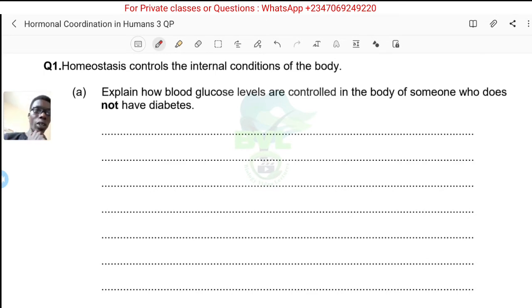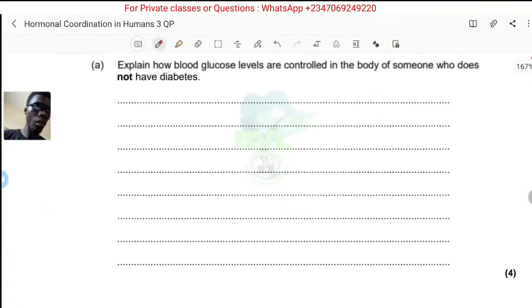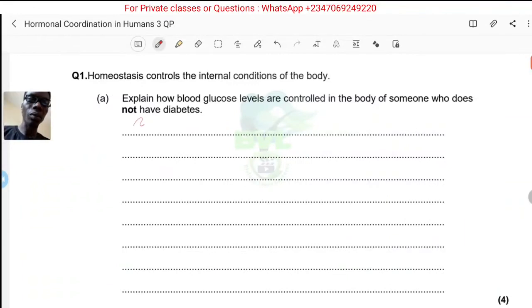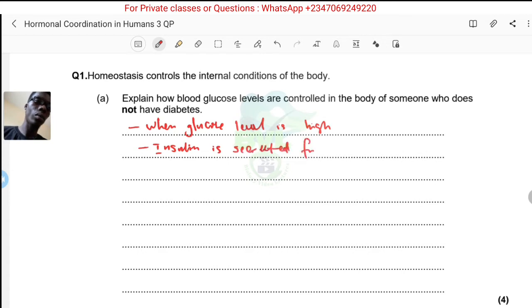So it says, explain how blood glucose levels are controlled in the body of someone who does not have diabetes. All right, it's a 4-marker question. When glucose level is high, insulin is secreted from the pancreas.